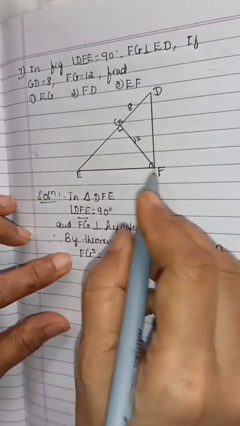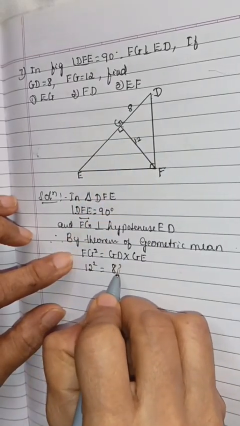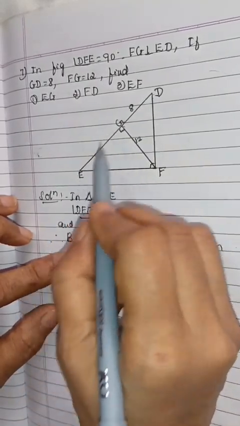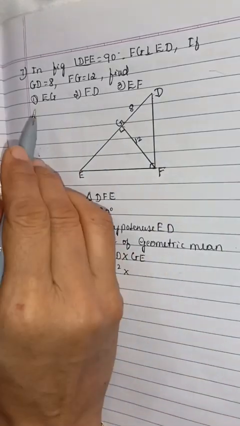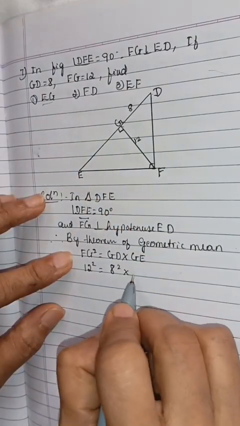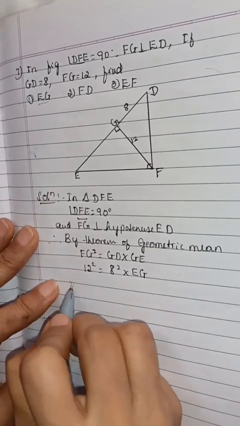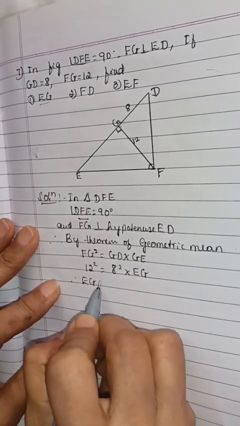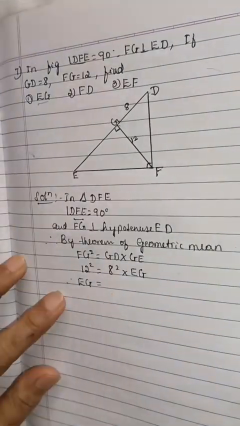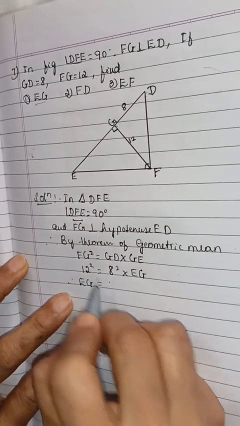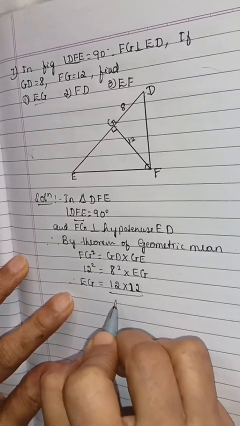That's FG is 12 square, GD is 8, into GE or EG. GE or EG, right? Because here EG is here, so EG. So therefore EG is 12 into 12, divided by 8.